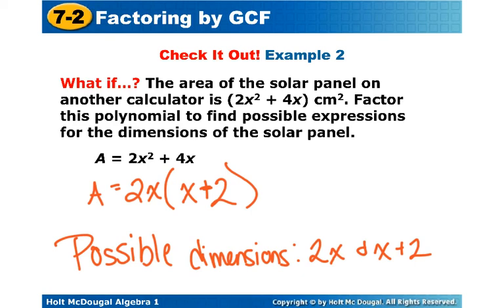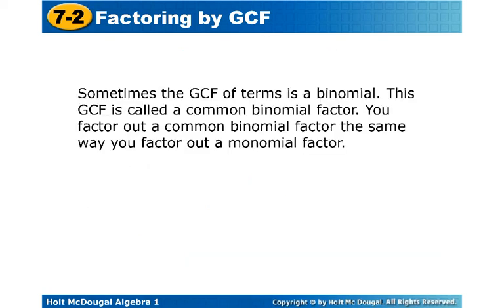So, as of right now, you have just been working with polynomials where you've been factoring out one term that could be considered the greatest common factor. There are multiple ways of factoring out a greatest common factor, and we're going to look at another possible way right now. Sometimes the GCF is a binomial, meaning it's two terms, okay?